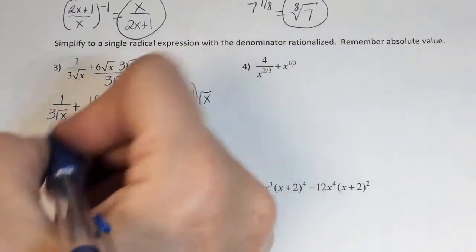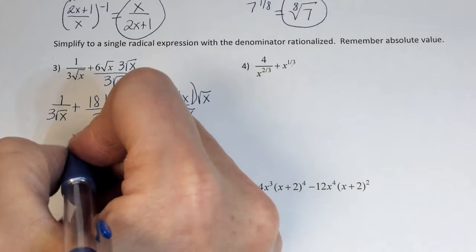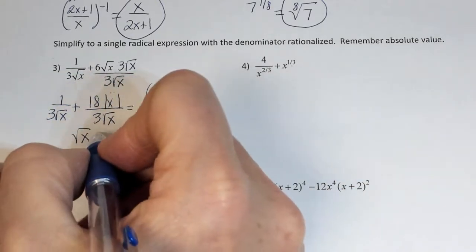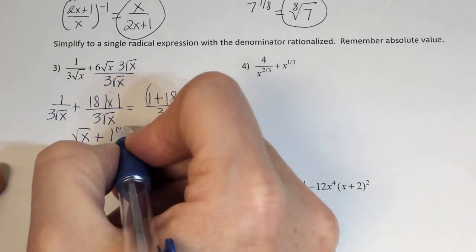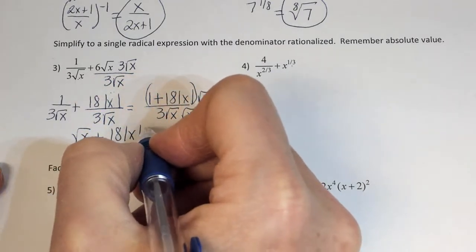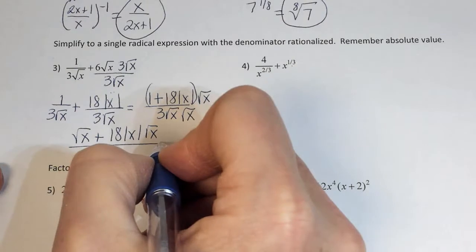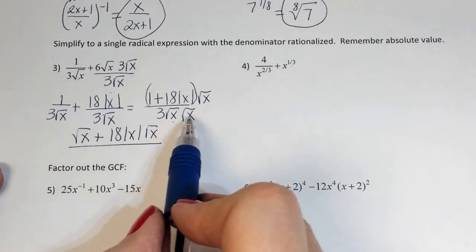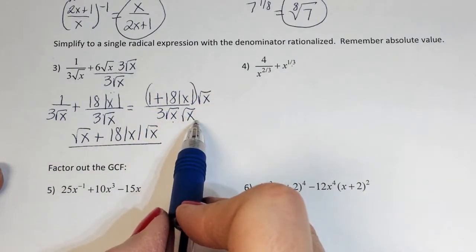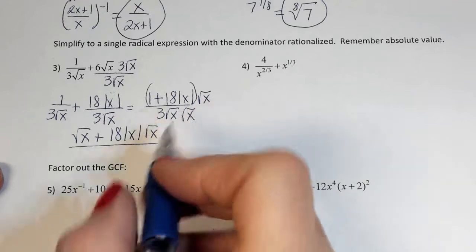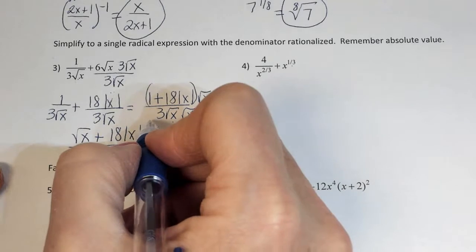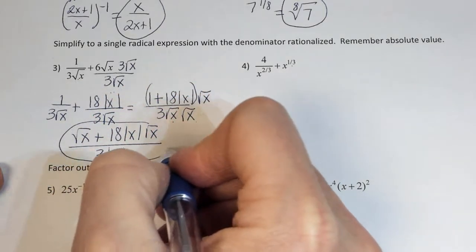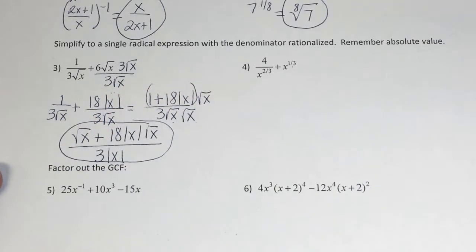When I do that, I'm going to have 1 times radical x is radical x, plus 18x times radical x is just 18x radical x. And then radical x times radical x is radical x squared, so that's just going to be 3, what? Absolute value of x. That would be that answer simplified.